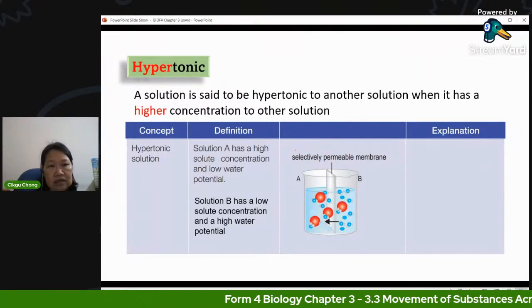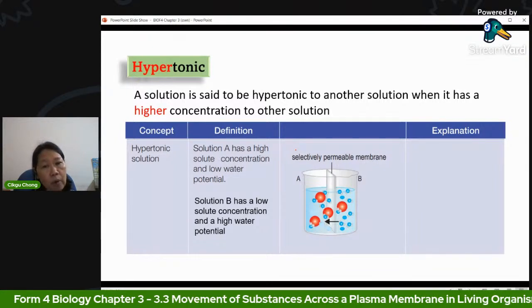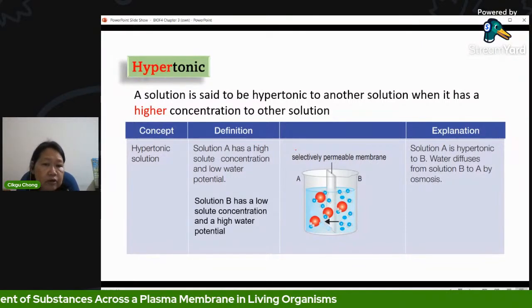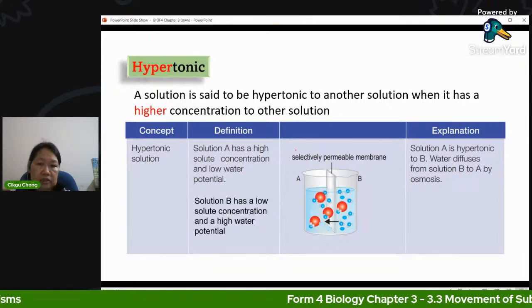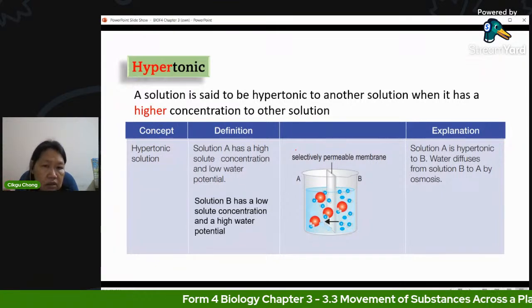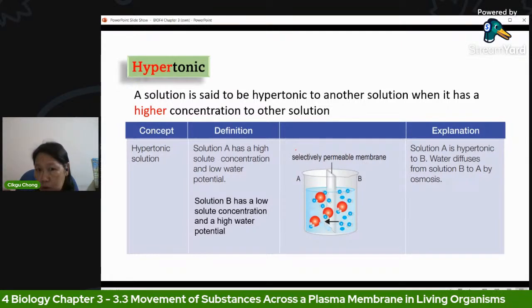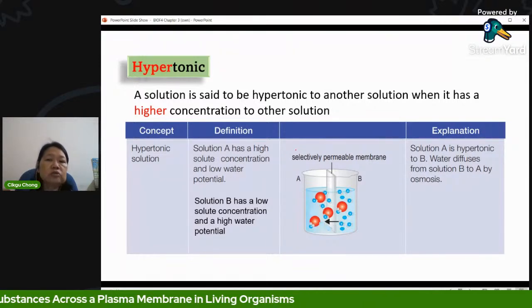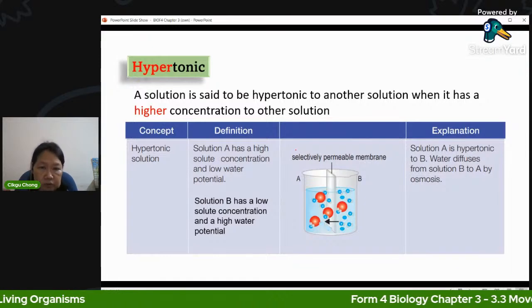A is hypertonic compared to B, whereas B is hypotonic compared to A. So as a result, the movement of water will be from B to A through osmosis, because water always moves from more water to less water. So it's always from hypotonic solution to hypertonic solution. So here, B to A by osmosis.